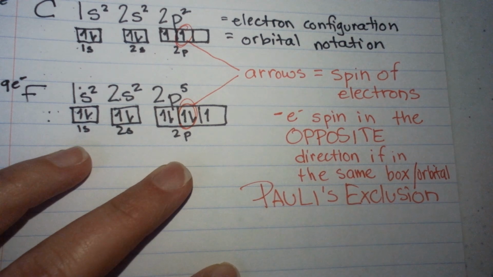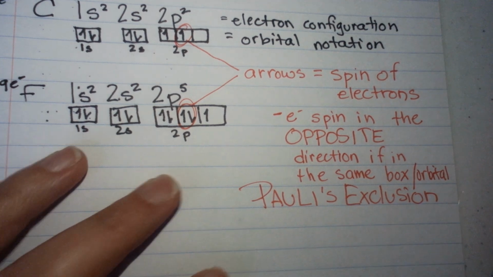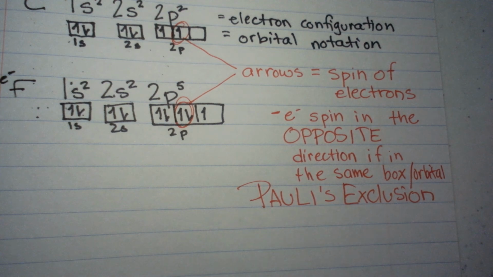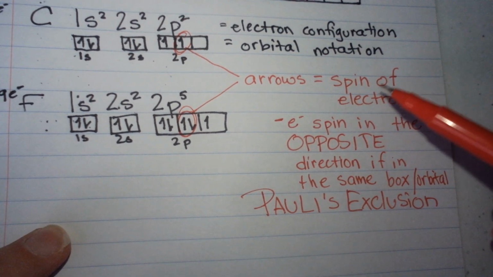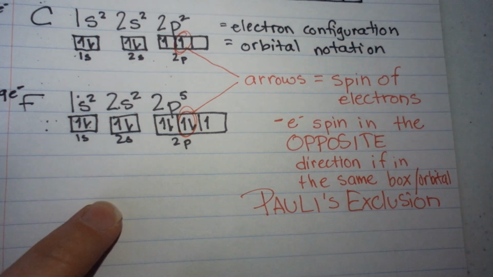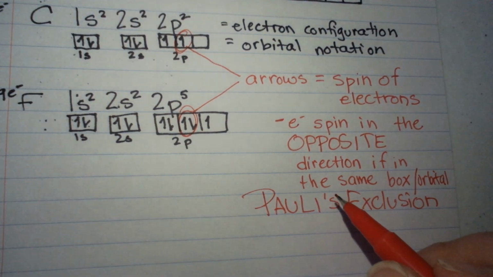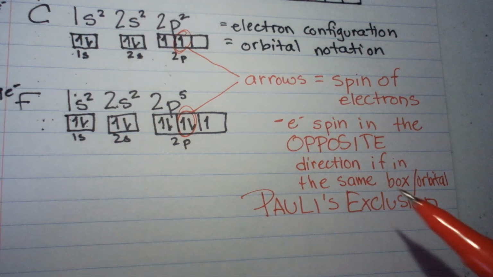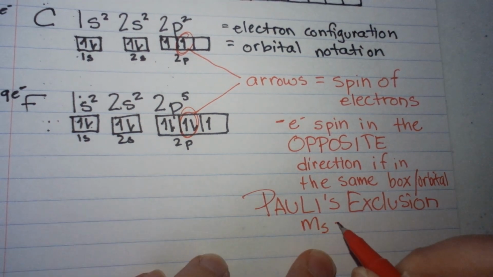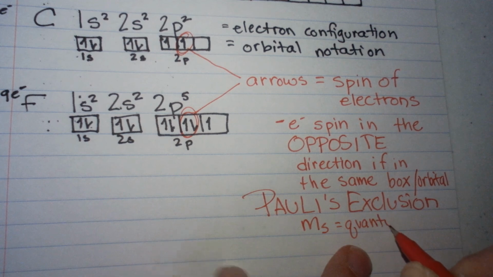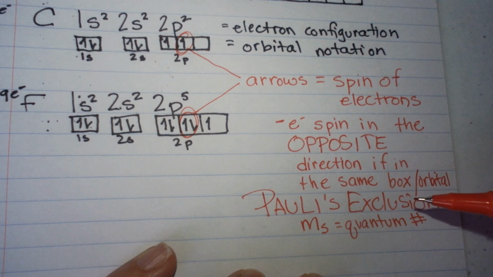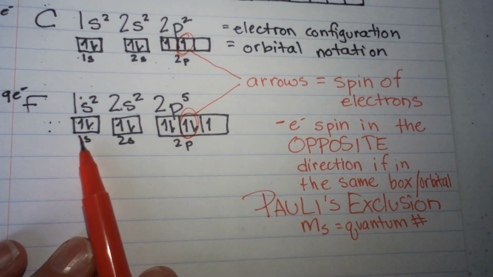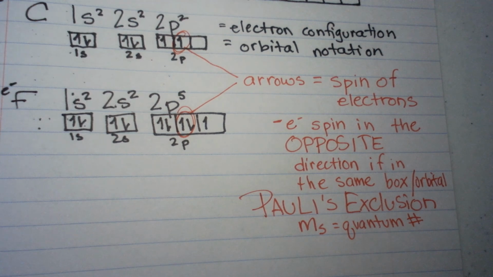Pauli's exclusion principle. So if you remember the conversation we had about quantum numbers a few days ago, this spin is one of those quantum numbers. The spin is m sub s. If we look at the electrons, now this is one of those theoretical kinds of things.